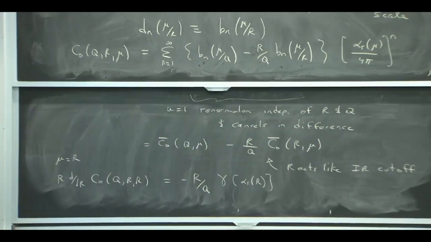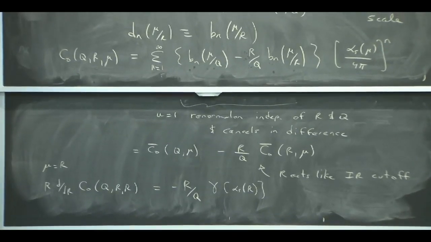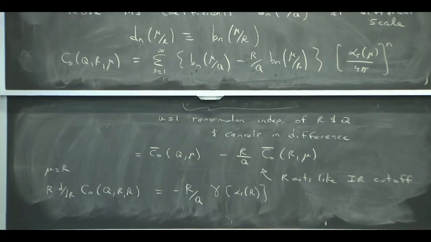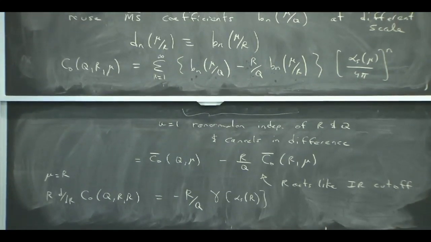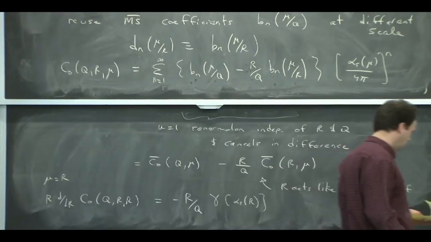And we can explicitly plug in results, given how many terms in the series we know in the MSbar series. So all the anomalous dimensions of this Wilson coefficient would be determined by the original MSbar series, because the scheme that we're defining is set up so that it uses those MSbar coefficients.